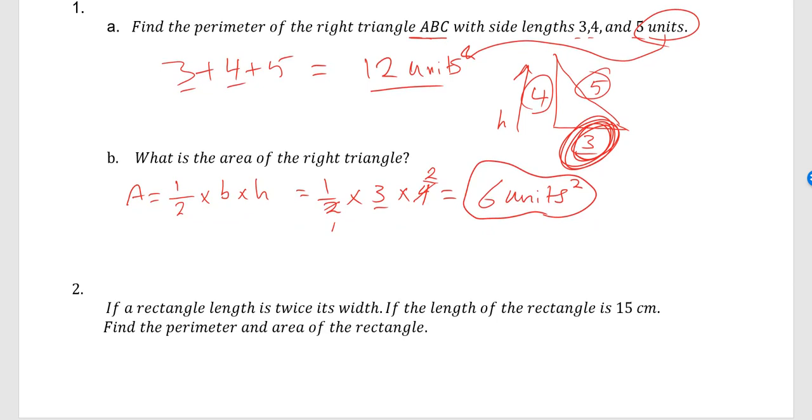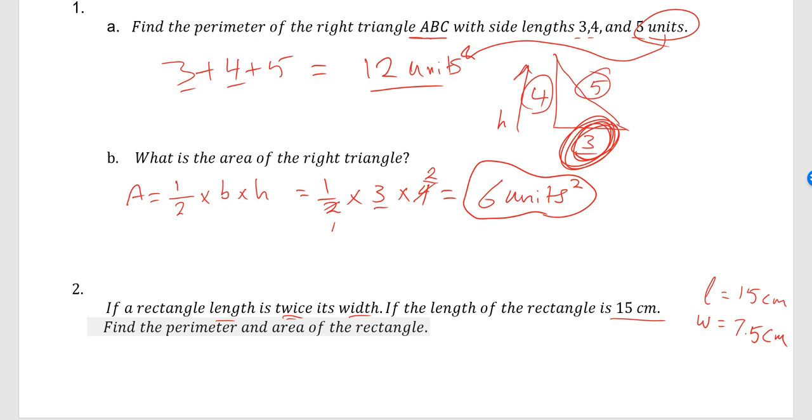If a rectangle's length is twice its width, and the length of the rectangle is 15 centimeters, find the perimeter and area of the rectangle. So the length is 15 centimeters, and we know the length is twice the width. So the width is half the length, which is 7.5 centimeters.